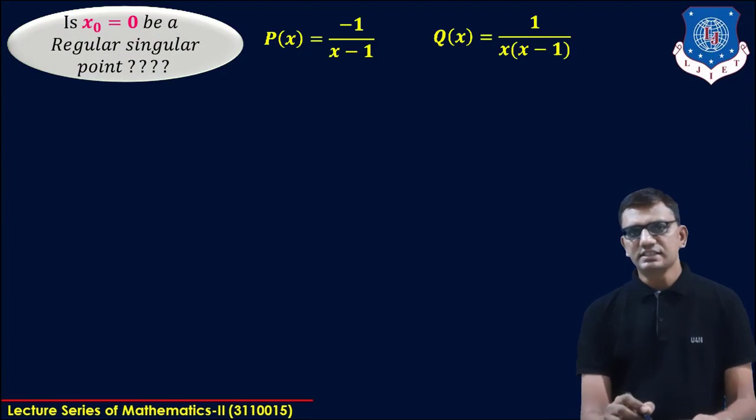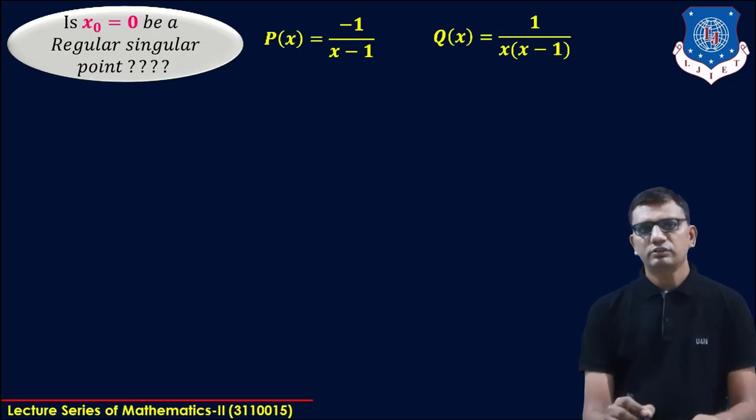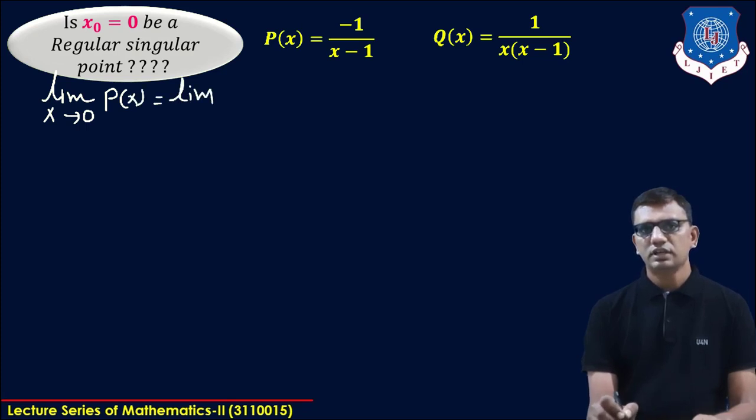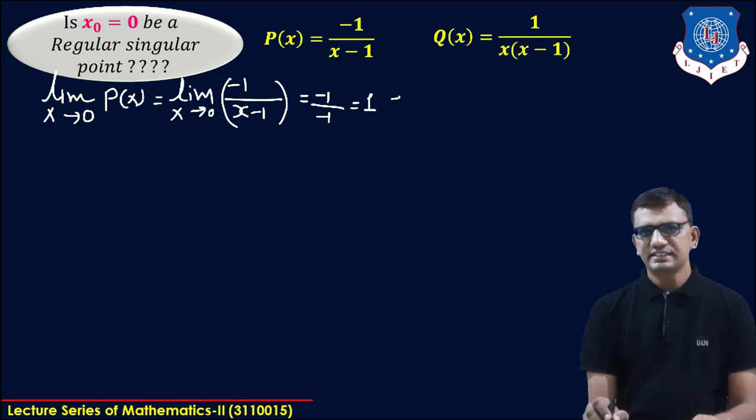Here p(x) is -1/(x-1) and q(x) is 1/(x(x-1)). Limit x tends to 0 of p(x) equals limit x tends to 0 of -1/(x-1), which is -1/-1, that is 1, which exists for our point x0.